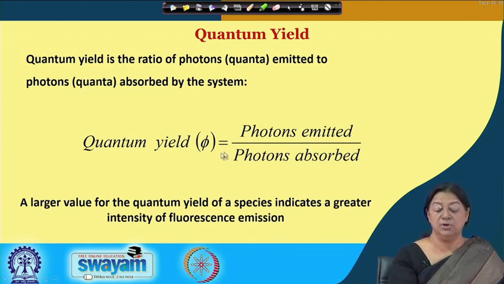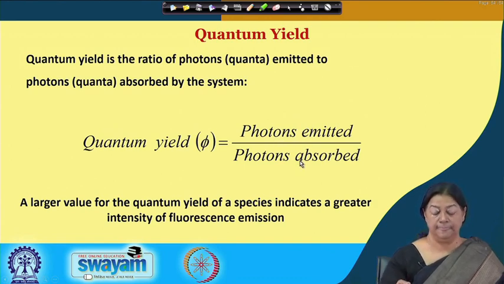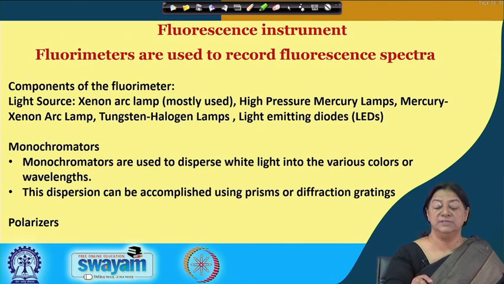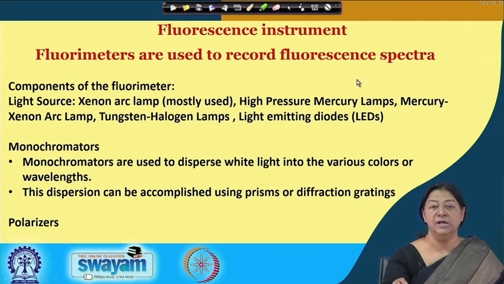A larger value for the quantum yield indicates a greater intensity of the fluorescence emission, because we have a larger number of photons emitted relative to the photons absorbed. Now, if we look at the fluorescence instrument, a fluorimeter, which is used to record fluorescence spectra, there are specific components to the fluorimeter.